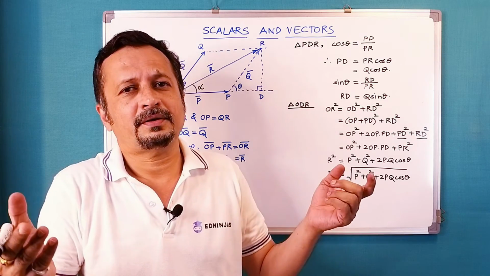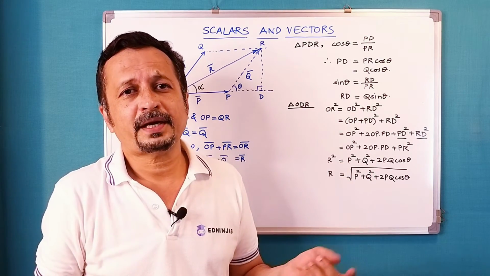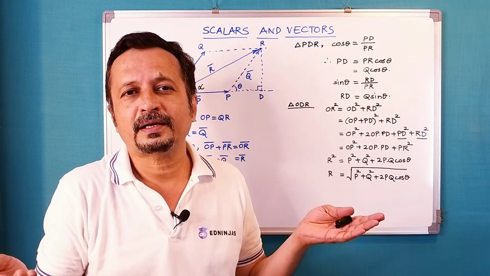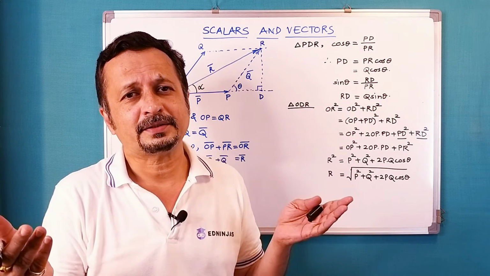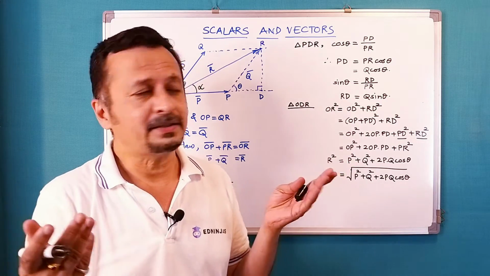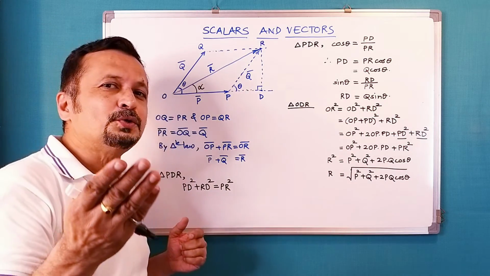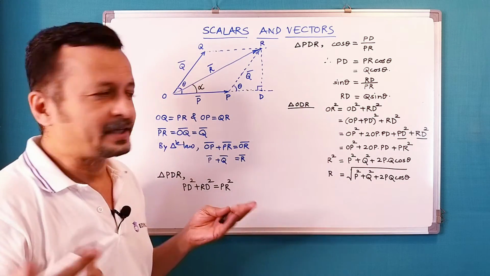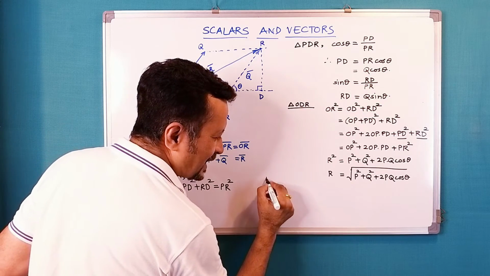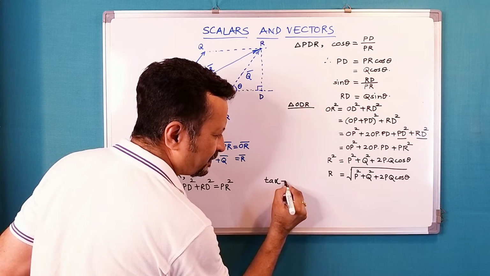I have written the angle alpha there, but then I must find out the value of angle alpha. Am I going to be able to do that? Yes, we can, because we always know the trigonometric ratios, right? So I'll take tan alpha.